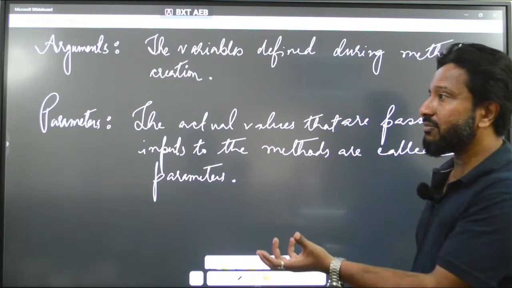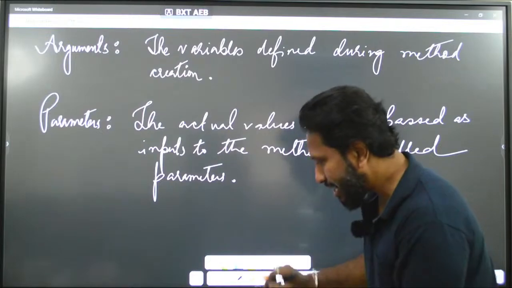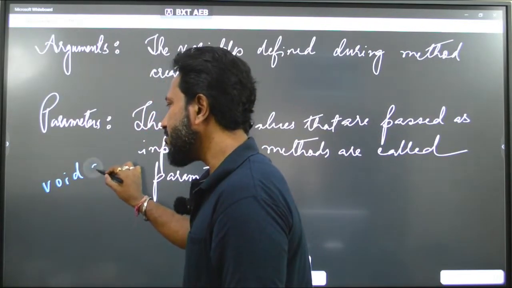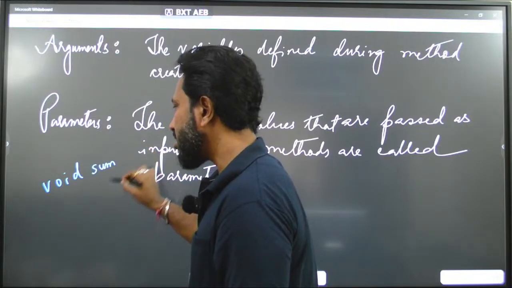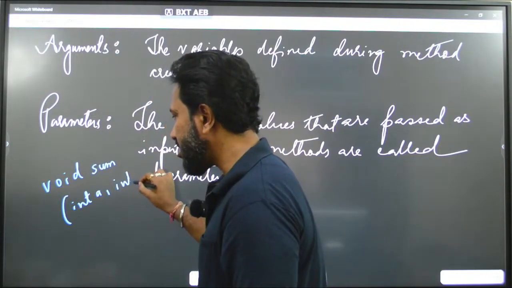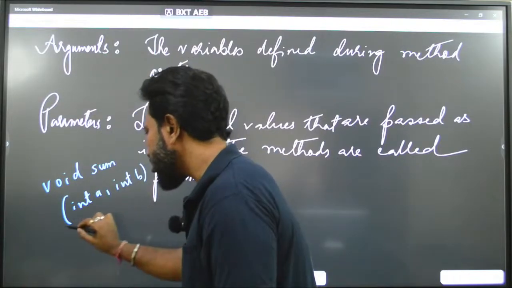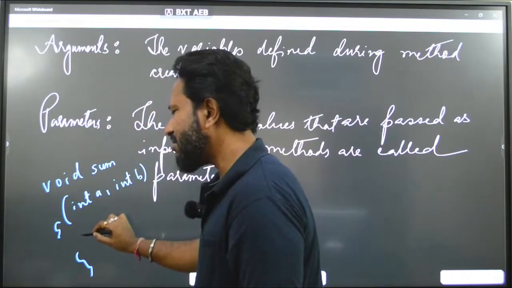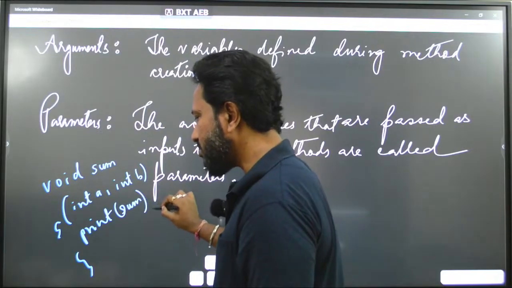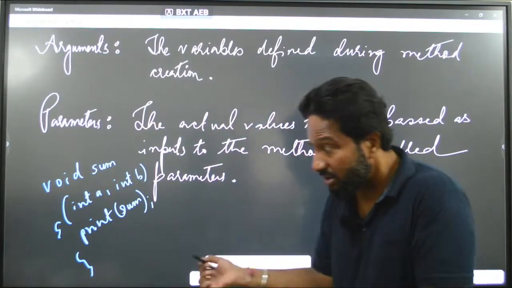Suppose 10 and 20 we are passing. So here we can simply write like this. Say I have a function void sum. Here I have int a comma int b, and then I have these braces where I am just printing the sum, whatever it is. Don't worry about the syntax, guys, just worry about the concept.